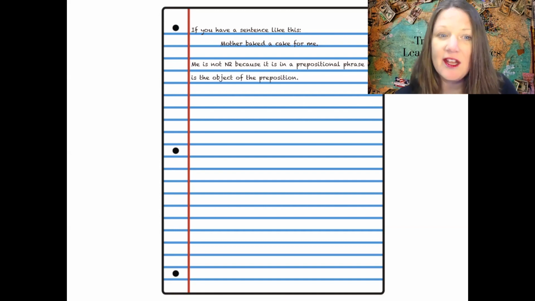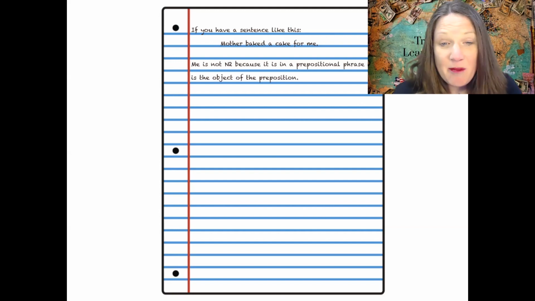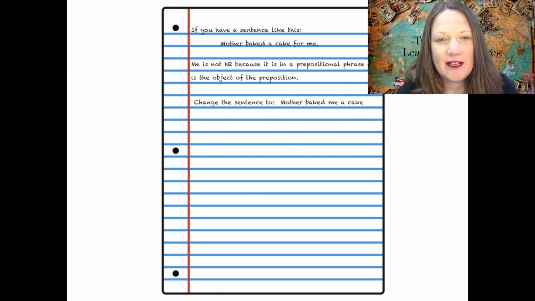Write this down, it is the object of the preposition. Do you see for me? That's a prepositional phrase. Me can't be a direct object. It's inside that phrase, which makes it the object of the preposition. Which means all you have is mother baked a cake, which means it's a noun, verb, noun 2 sentence pattern.